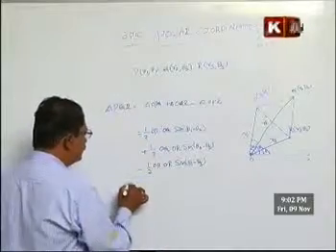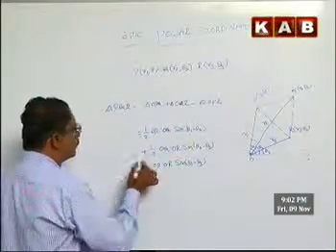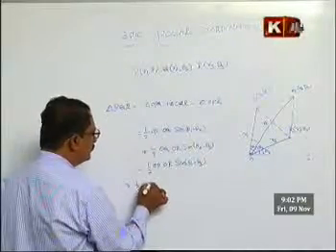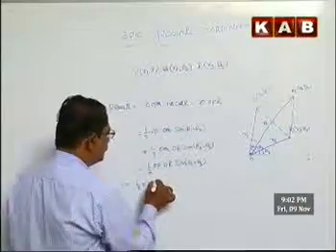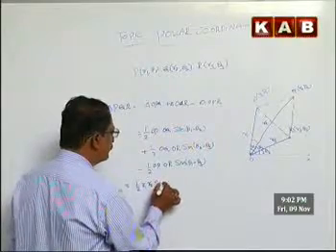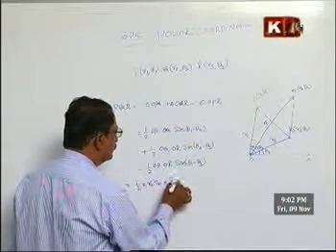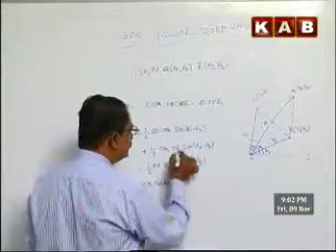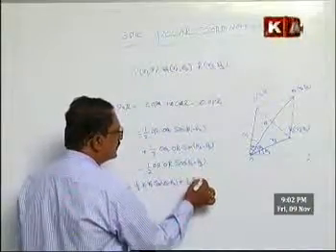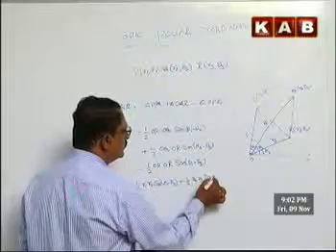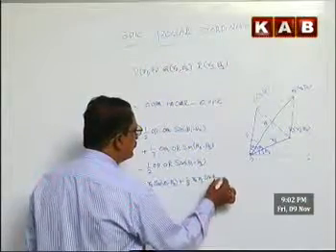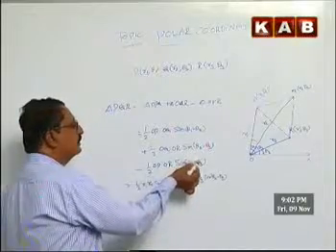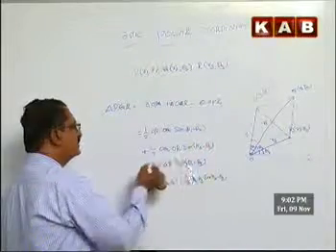Now that equals half into OP equals r1, OQ equals r2, sine of theta 1 minus theta 2, plus half into OQ equals r2, OR equals r3, sine of theta 2 minus theta 3. Now sine of theta 1 minus theta 3 equals minus sine of theta 3 minus theta 1.